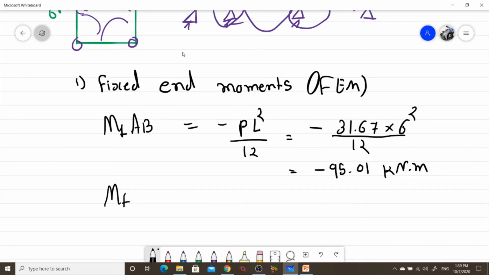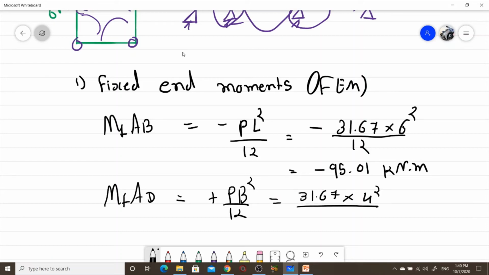Now MFAD is plus PB square divided by 12. So the value is 31.67 into 4 whole square divided by 12, which is 42.22 kilonewton meter.